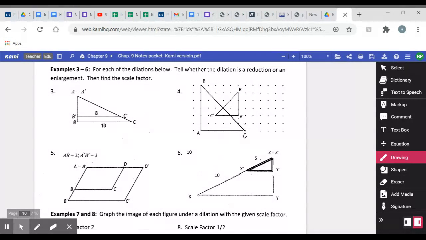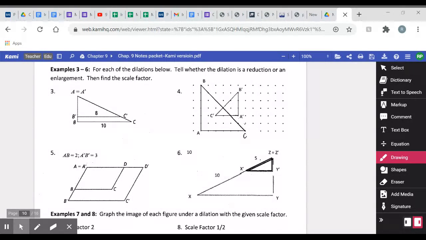So in this case, on number 3, I can see that the A prime, B prime, C prime is the 8, and then the original A, B, C is the 10. So I know the original length was 10, and then it became 8.